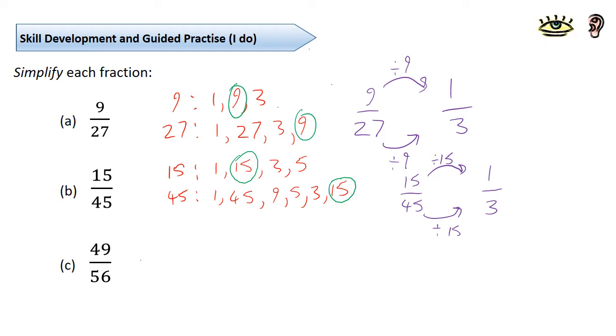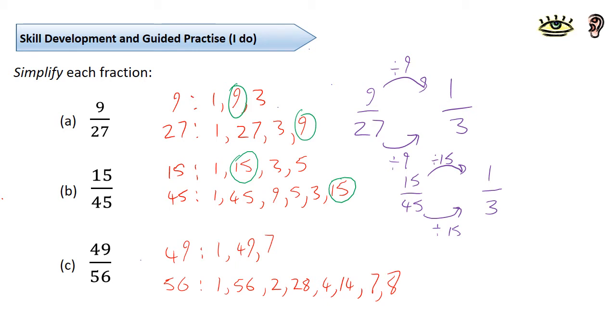Okay, and lastly we've got 49 on 56. So let's look at some factors. For 49, we've got 1 times 49, and we have 7 times 7. For 56, we've got 1 times 56, 2 times 28, 4 times 14, and 7 times 8. Okay, let's have a look.